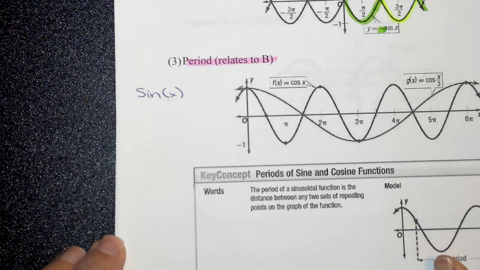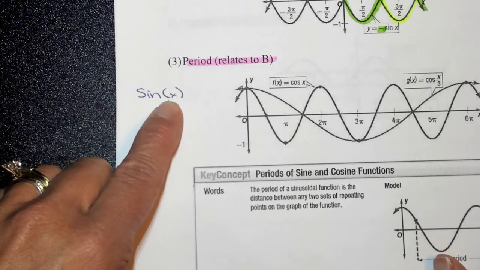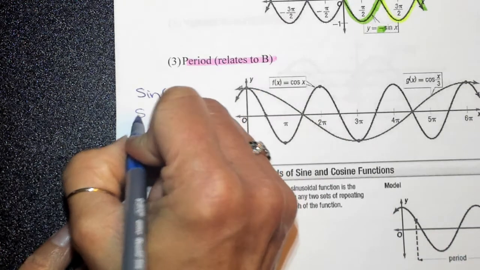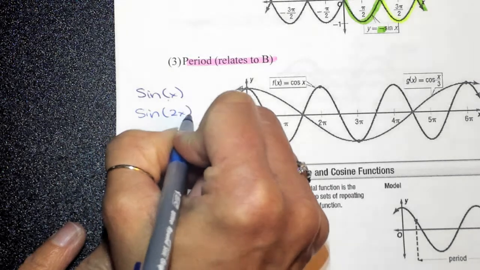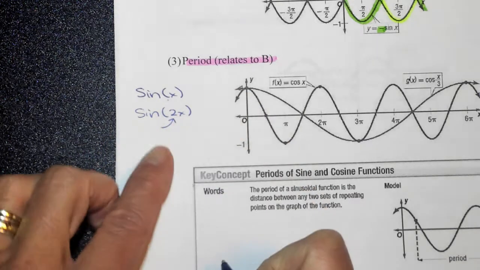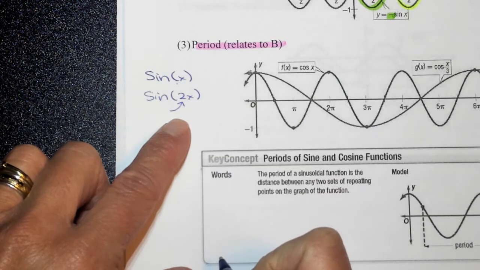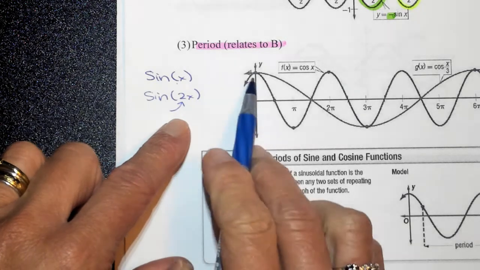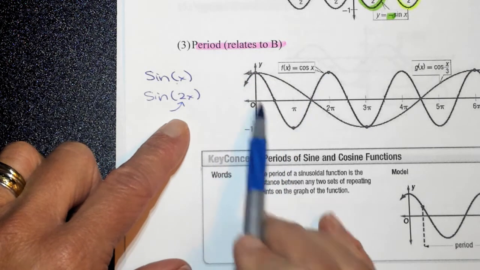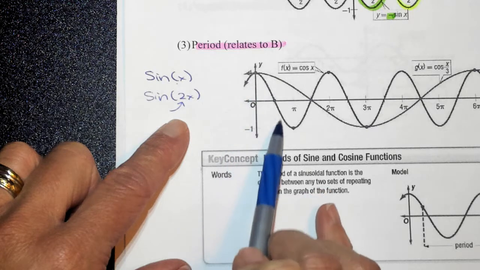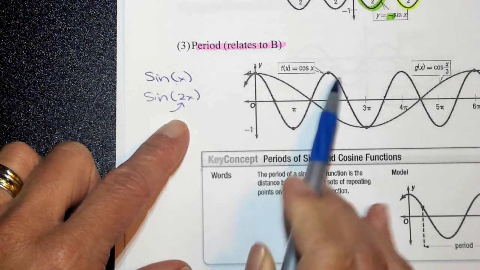And what that means is we have one cycle in 2 pi. If I have the sine of 2x, this right here means I have 2 cycles in 2 pi, meaning here, 1, it would be more like 1, 2, and it would come all the way up here.